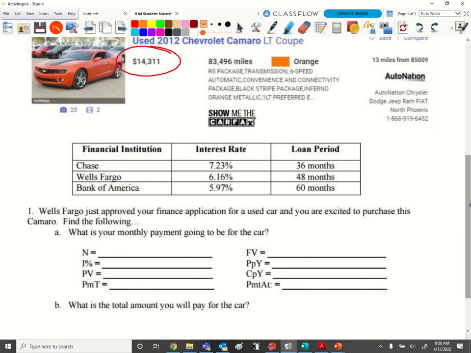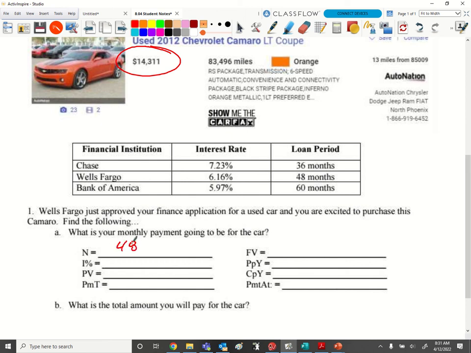Very good, 48 months. What variable does that go with? That's my N. Very good. That's going to be my number of payments, right? So N is going to be 48.